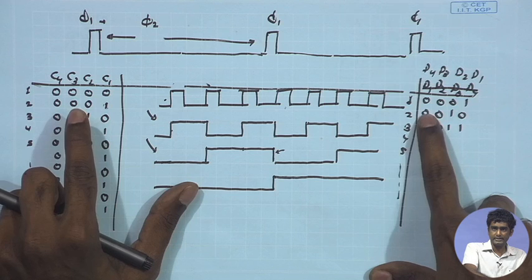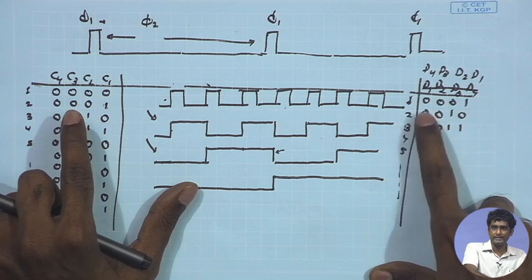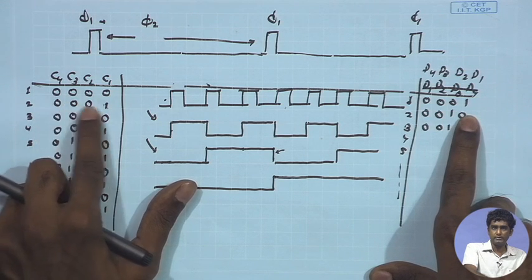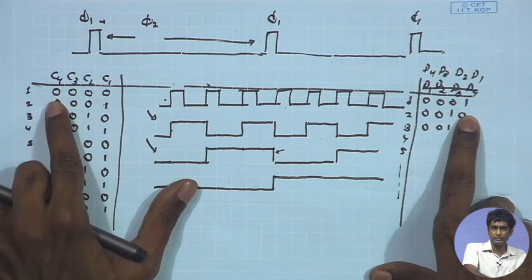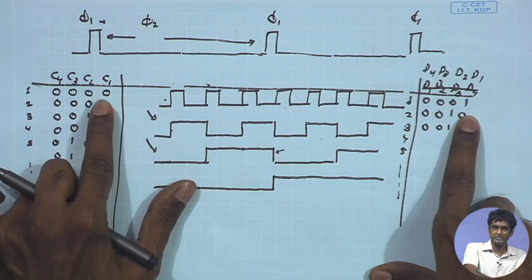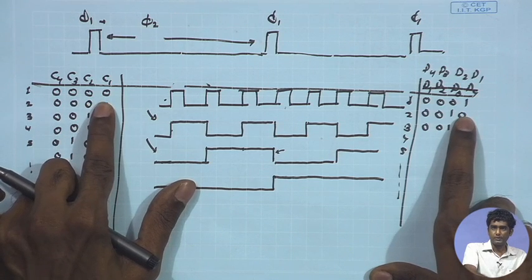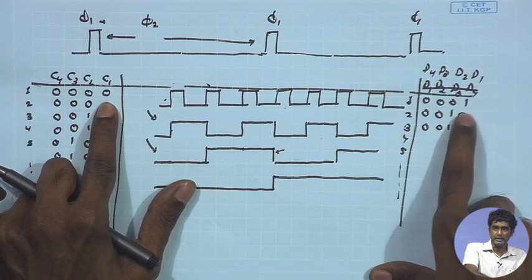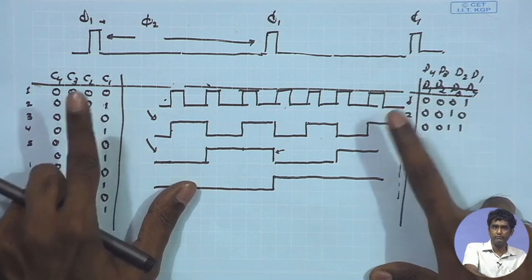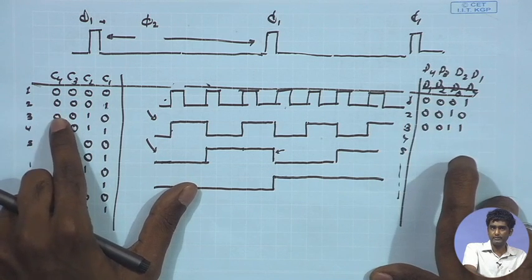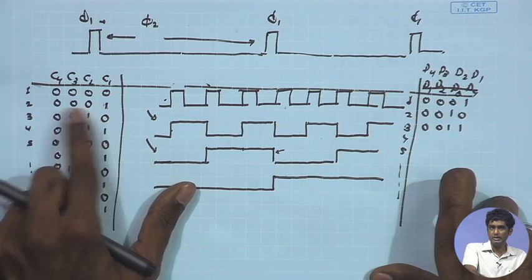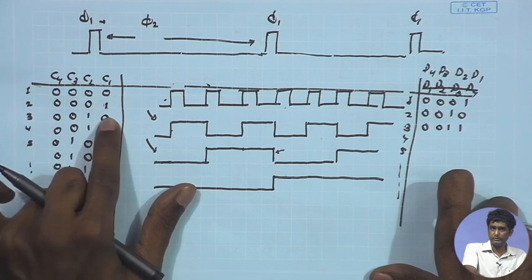Likewise, at the second stage, if I make sure that the D inputs are like this, 0 0 1 0, the previous state of the flip flop output was 0 0 0 1, the next negative edge of the clock comes, and therefore the D inputs that were available to all these flip flops will be copied to the output state, and as a result the flip flops will be turning to 0 0 1 0.